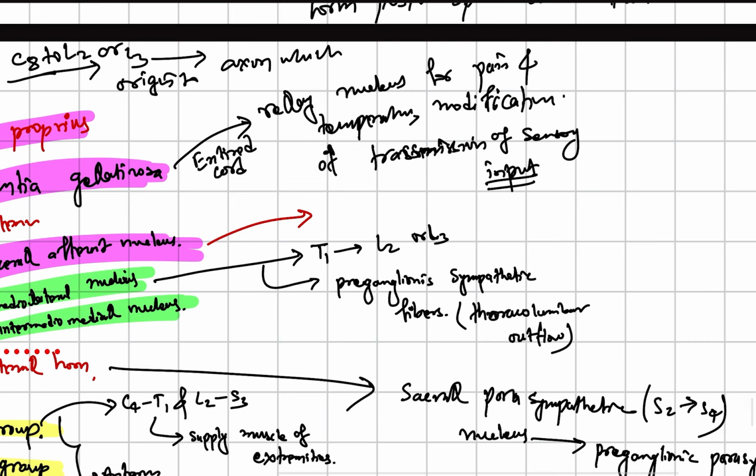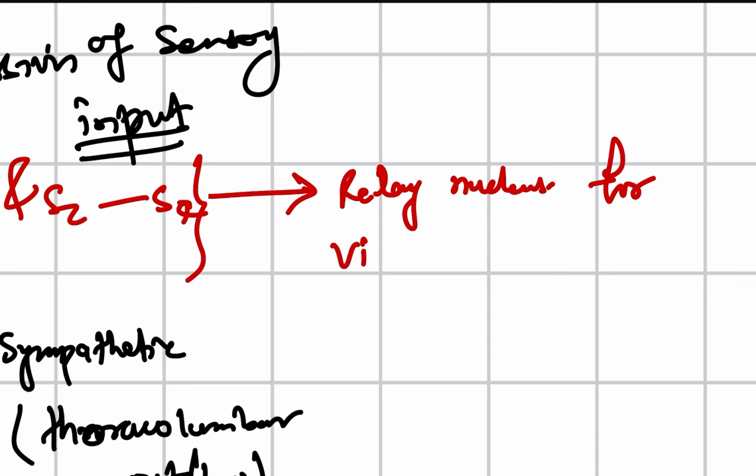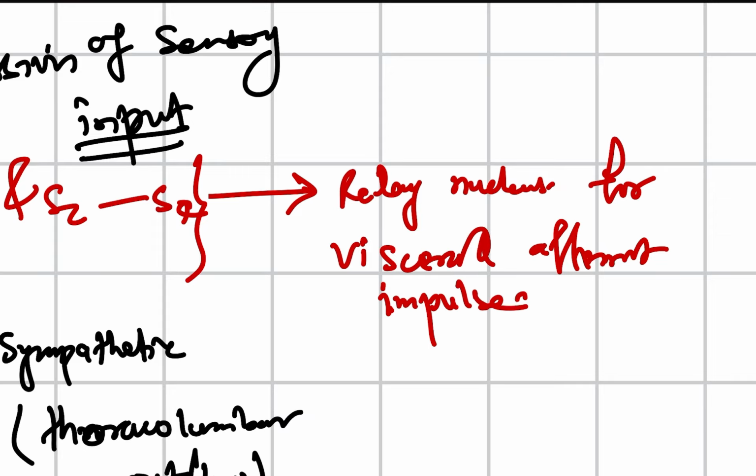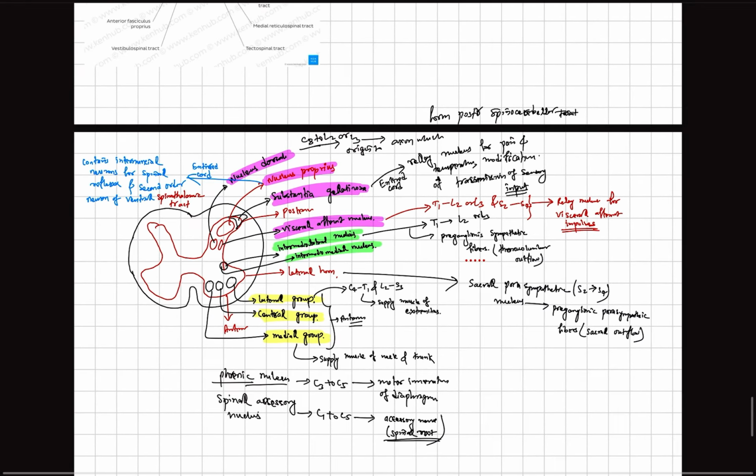It is found in T1 to L2 or L3 and S2 to S4, and its function is as a relay nucleus for visceral afferent impulses. This is all regarding these nuclei, their functions, and their locations.